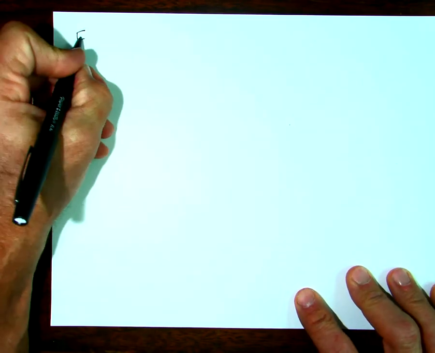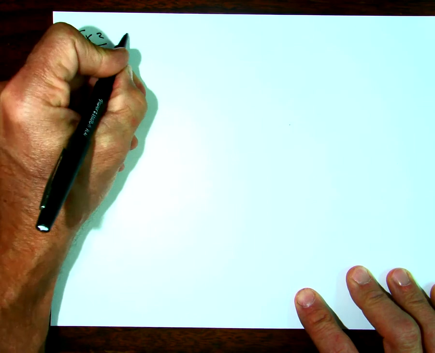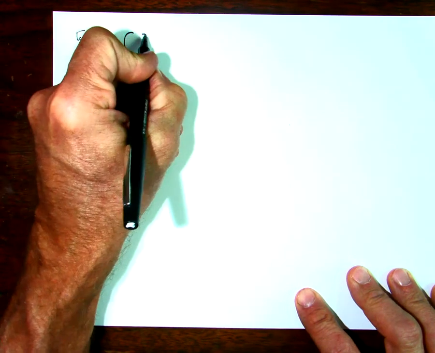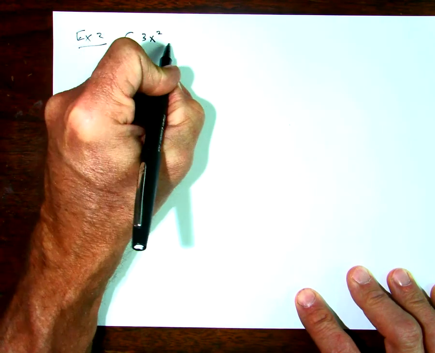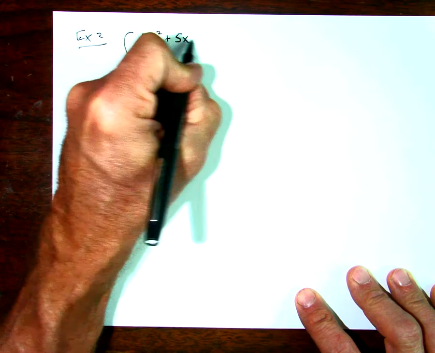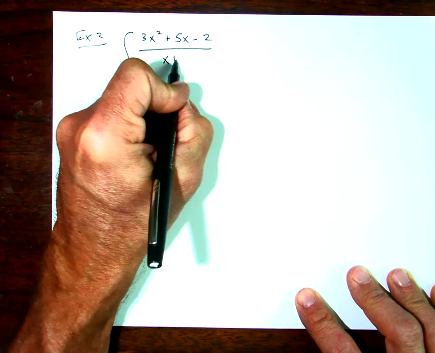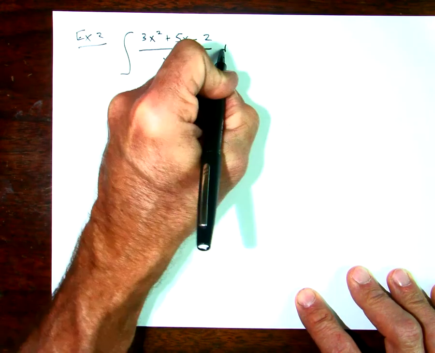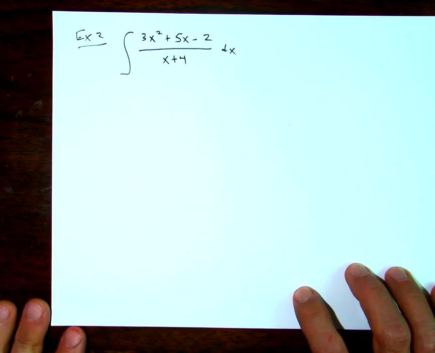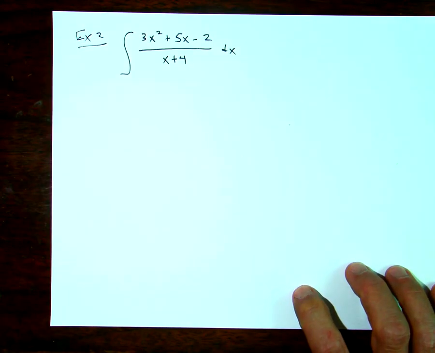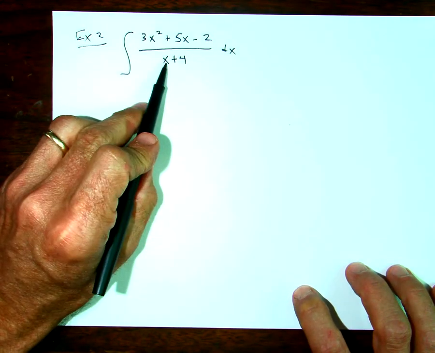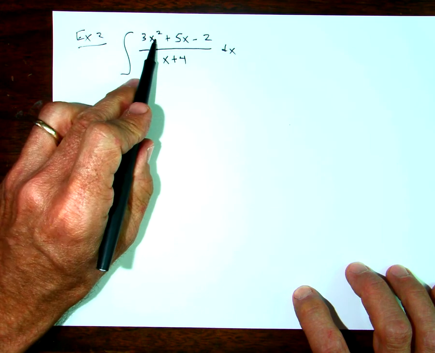So example 2, I'm going to look at the integral of 3x squared plus 5x minus 2 over x plus 4 dx. Well, this one doesn't look like what we want at all. If anything, it looks like the denominator is the derivative of the numerator. But we can't have du in the denominator.